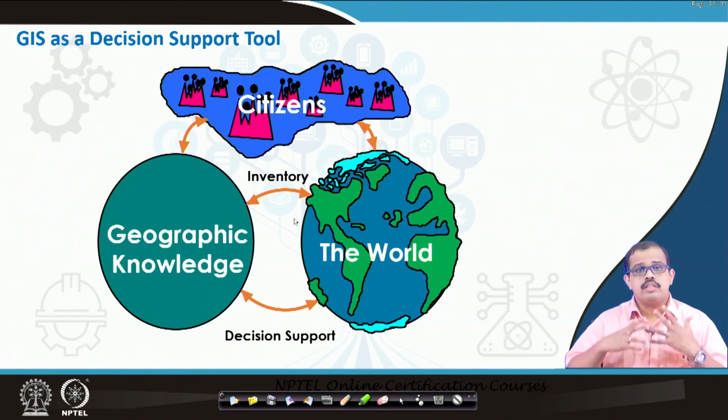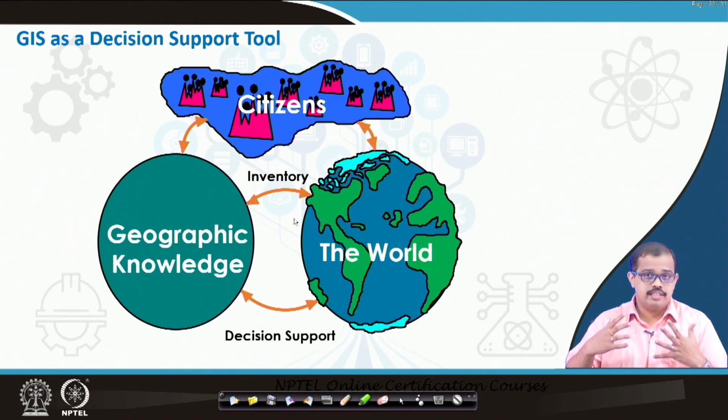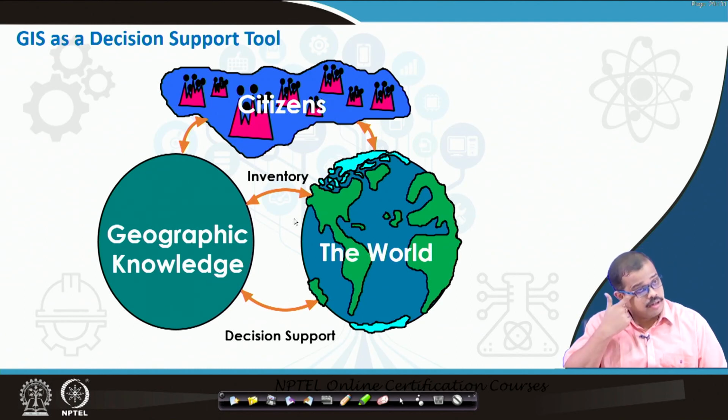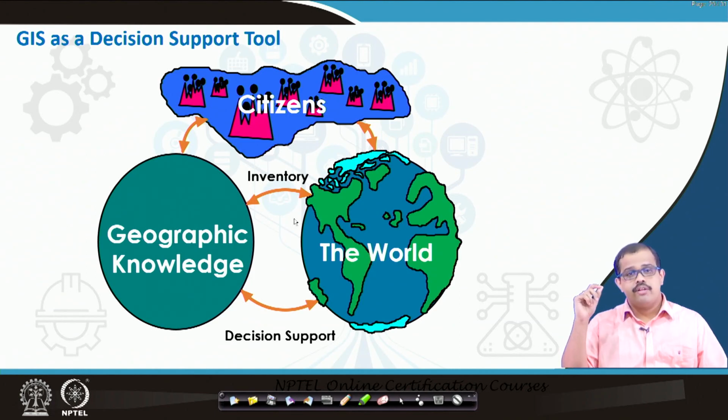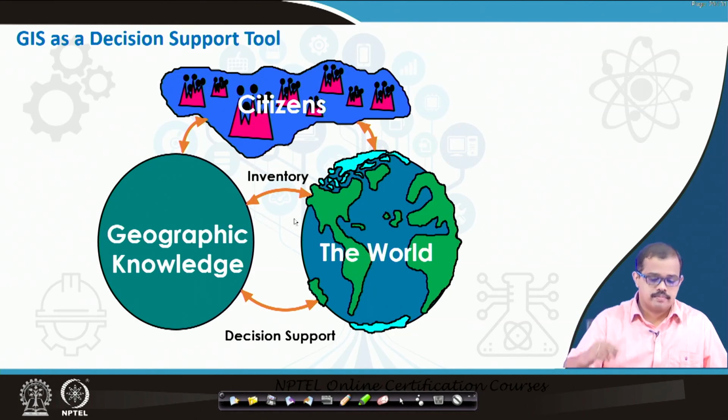Now a database GIS can be a decision support system. As I said, for example, let us say that we have certain geographic data sets, and we are planning an infrastructure. When we are looking at the infrastructure, we look at what kind of change will happen if this infrastructure comes. Let us say there is a certain green region, extremely good.